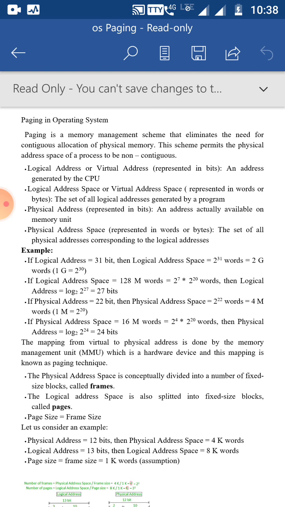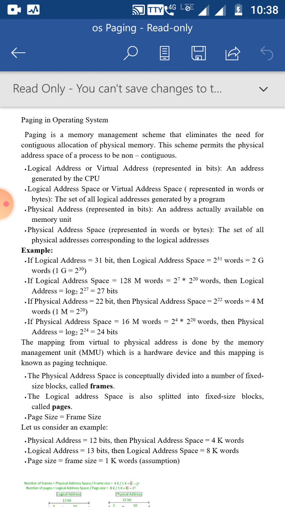Because page number 1 contains 10 to 19, and within this range 12 is available. So the logical address 12 is divided into page number 1 and page offset 2.